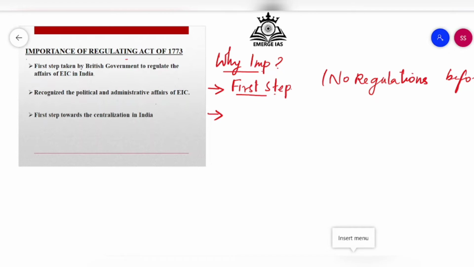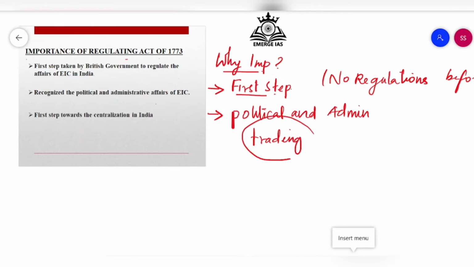Company in India. And the next importance of this act is, this act was the one which recognized the political and administrative affairs of the English East India Company, because as I told you earlier, the English East India Company came to India only for trading, and through this act they recognized the political and administrative affairs of the English East India Company.